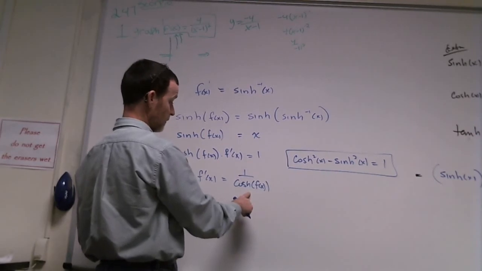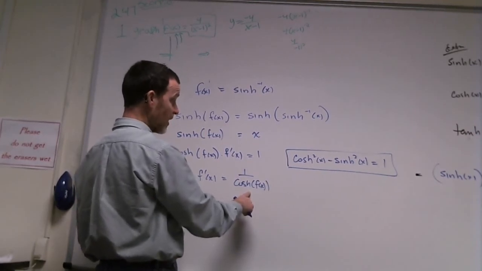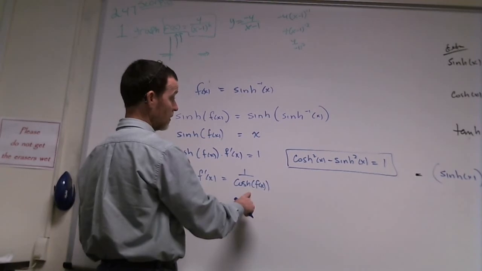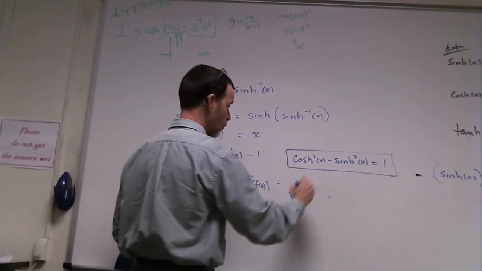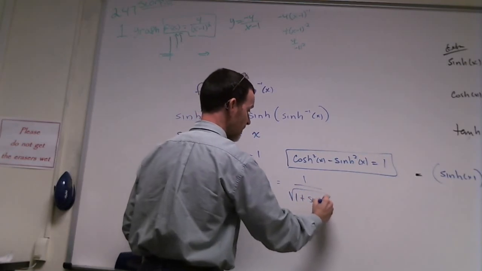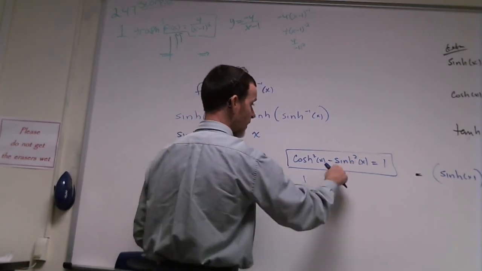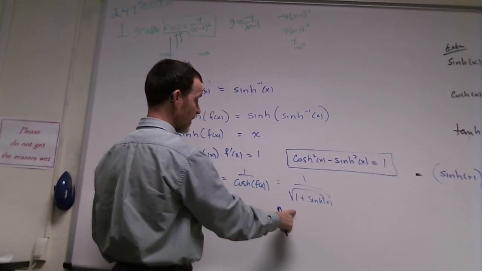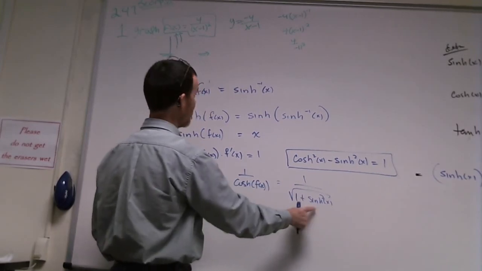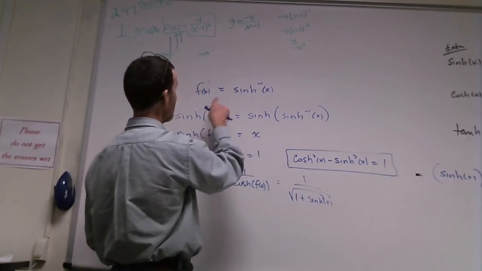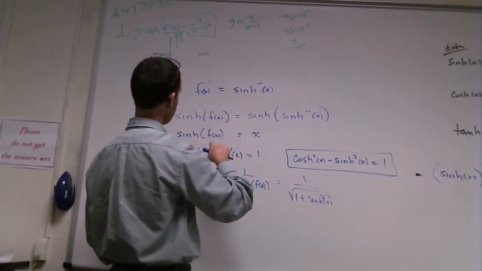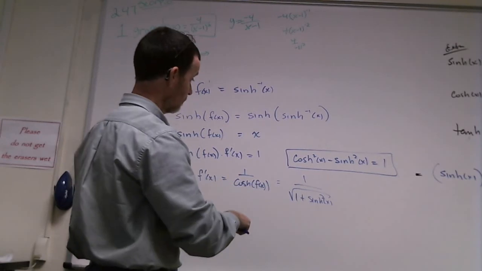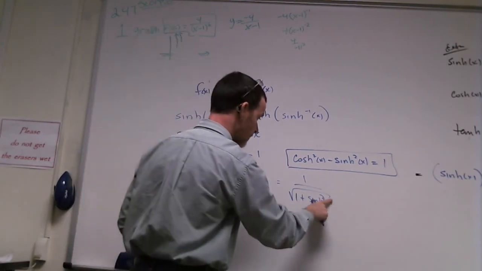That means that cosh of x is 1 over the square root of 1 plus sinh of x squared. Add this to both sides, take the square root, we got this. Wait a minute, we knew what sinh was. I lost my f of x, didn't I?